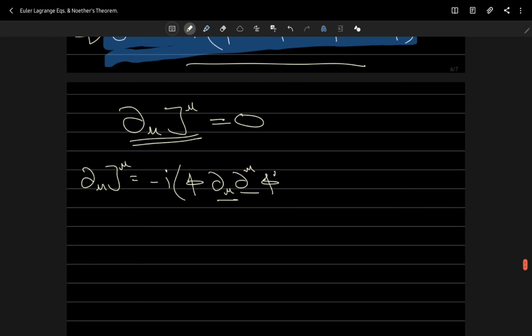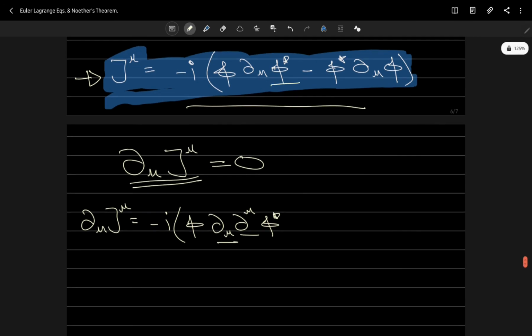And we have phi star, right, from this thing. And we have minus phi star partial mu phi, right? And so I have shifted these indices in such a way by using the metric that we have, right? By using eta mu nu, right?